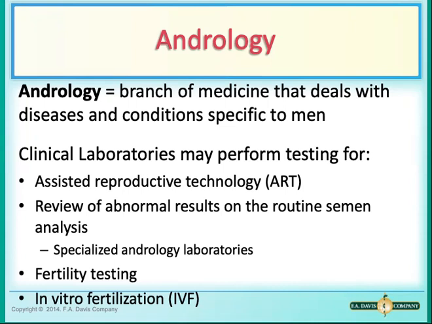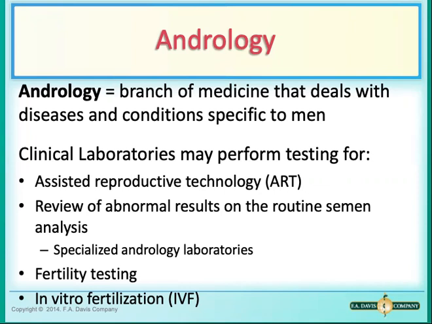Typically, patients that have abnormal results in semen analysis during the analyses that are sent to the clinical laboratory, anything abnormal would most likely be sent to be analyzed in a specialized andrology lab for further testing to determine the need for in vitro fertilization, or IVF.